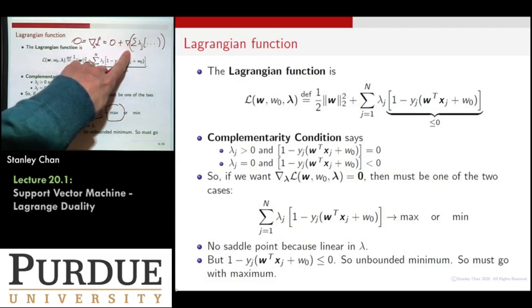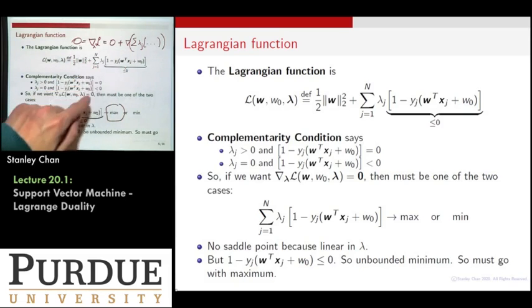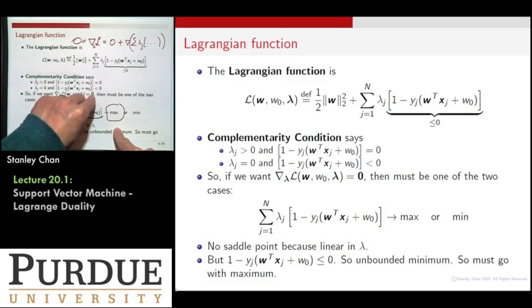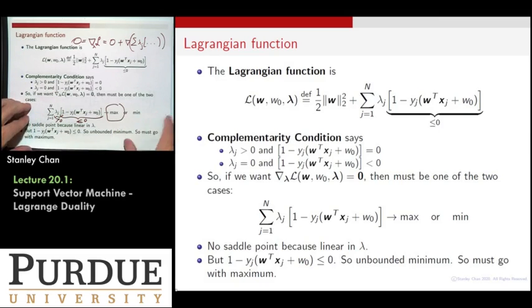Do you guys follow me? Because you want the gradient to be 0, and it's impossible to get a minimum because the product of these two terms is always negative. It's unbounded below, so you have to reach a maximum point. And therefore, by taking the gradient with respect to lambda and making it 0, you're finding a maximum point in the dual space, of the dual variable.